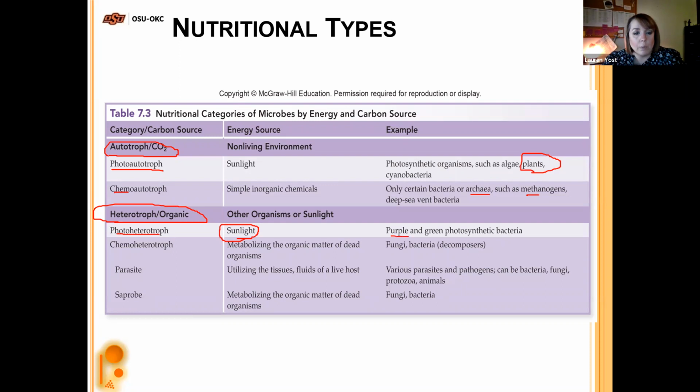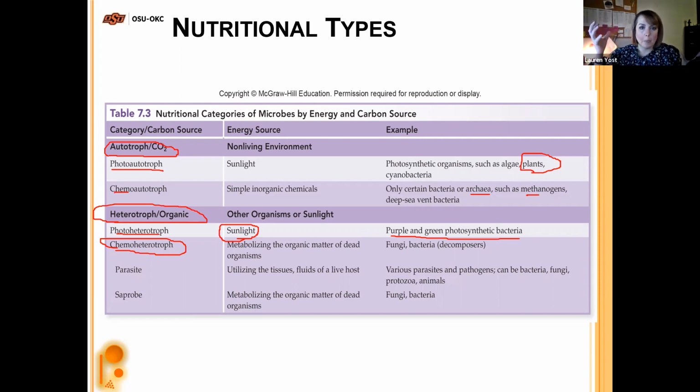So this includes the purple and green photosynthetic bacteria. Then we have the chemoheterotroph. These are the ones that get their carbon sources from organic sources that other organisms made again, and they get their energy source from other organisms as well.